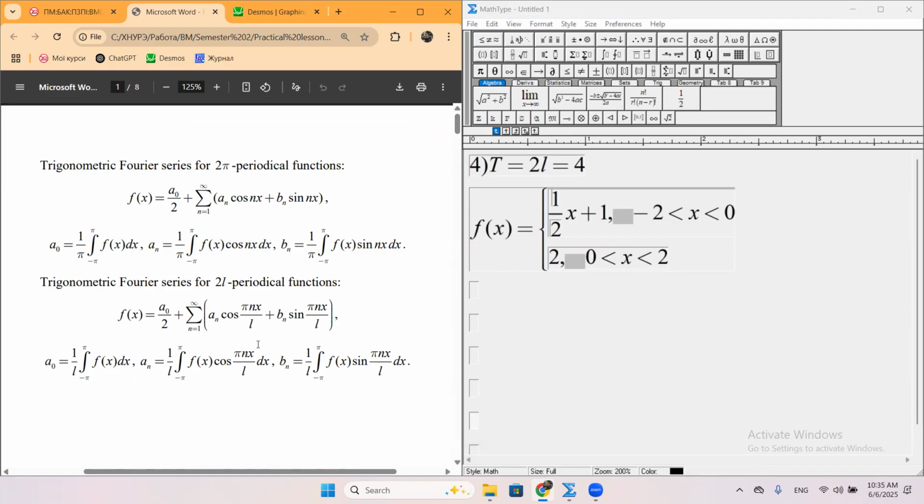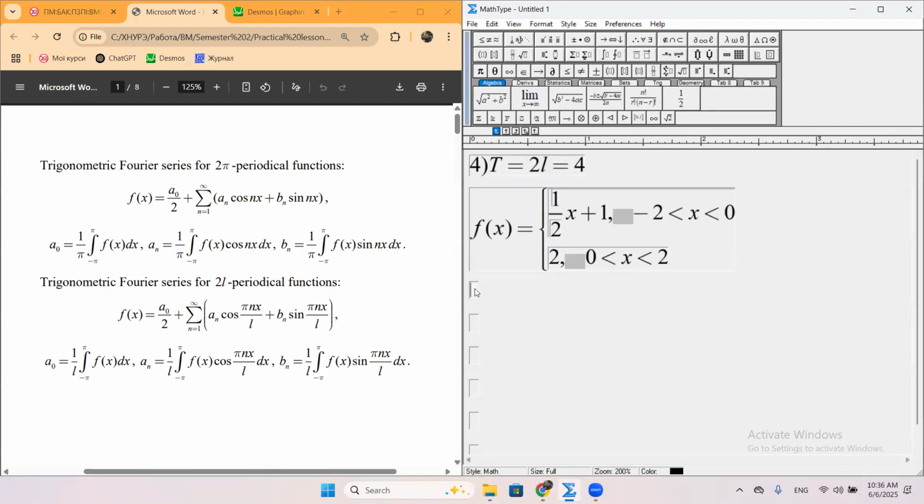So the general form is, so argument of the sine and cosine looks like this: P n x over L. And when calculating coefficients, we replace P with the L. So actually that's the difference.